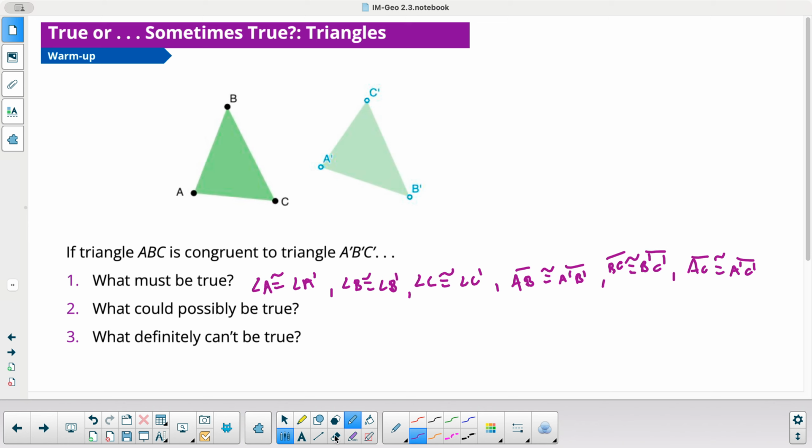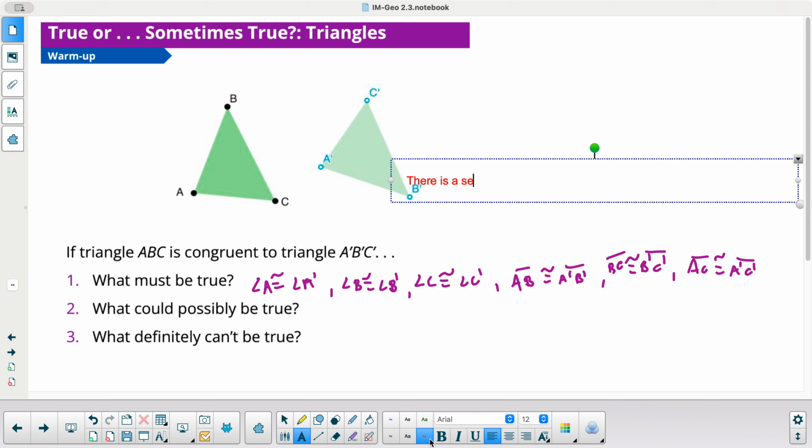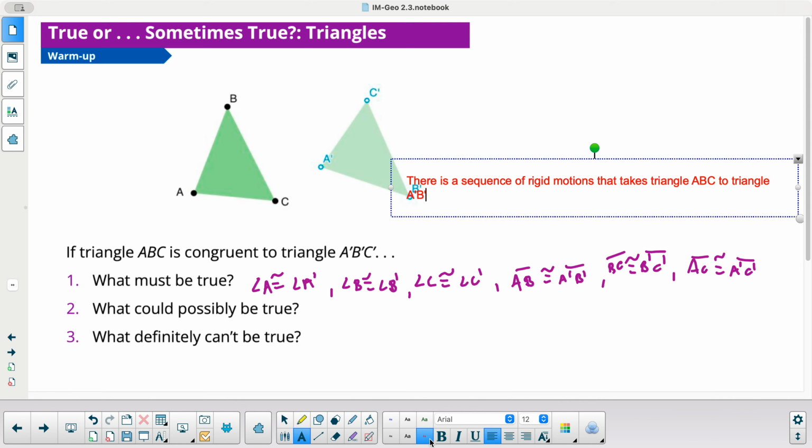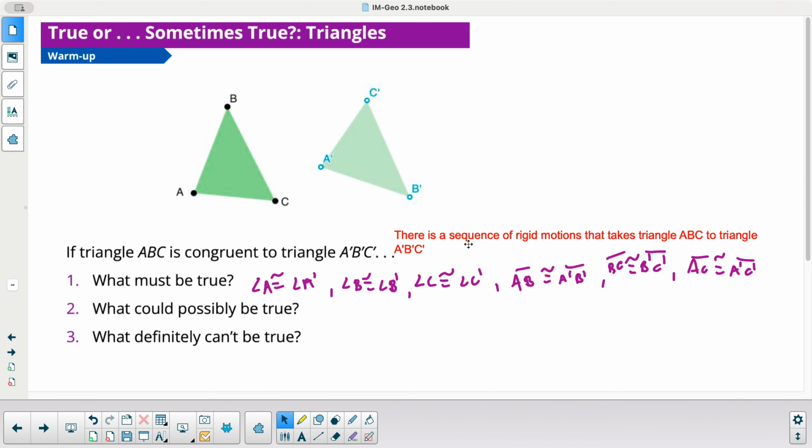You could also say that there would have to be a sequence of rigid motions that takes ABC to A prime, B prime, C prime. Okay, so all of these things have to be true here.